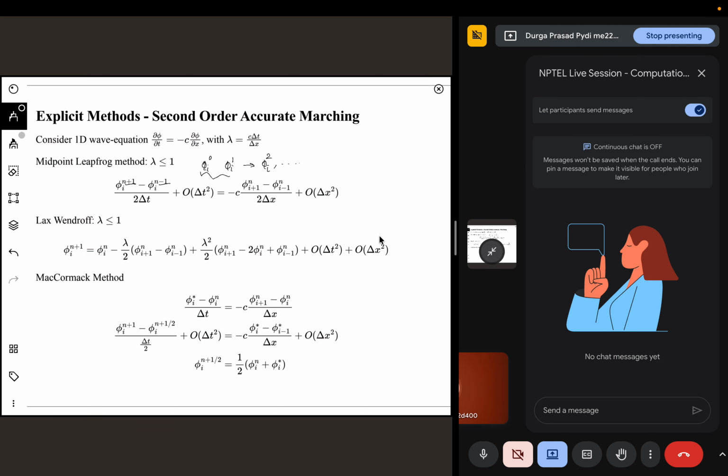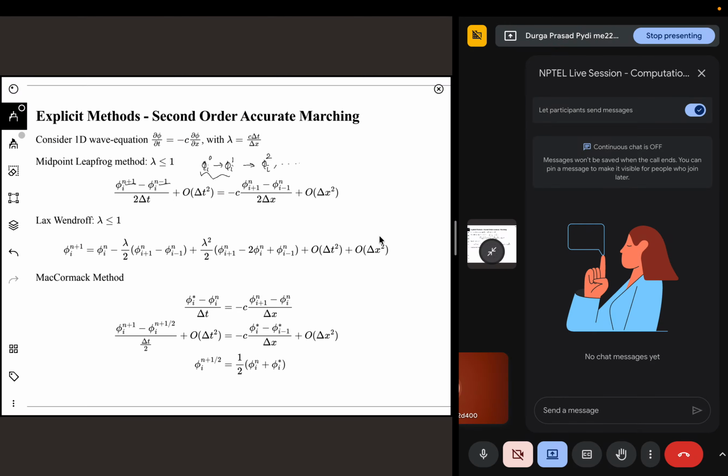So what we usually do is go from phi 0 to phi 1 using a first order method, then use phi 0 and phi 1 with this method for the next step, and keep going using the leapfrog method. So basically you're jumping one step. The first step will be first order, and all the steps greater than 1 will be second order.